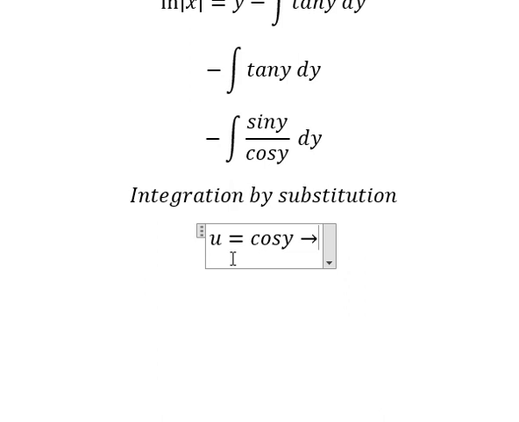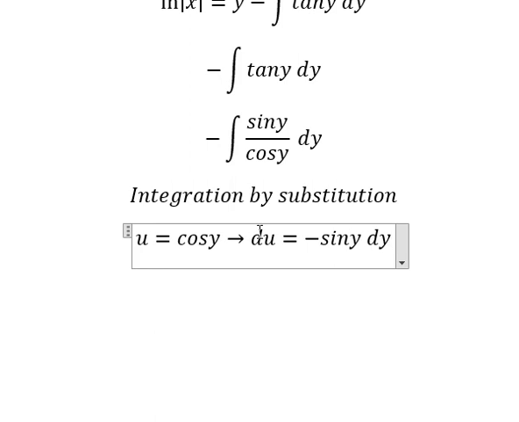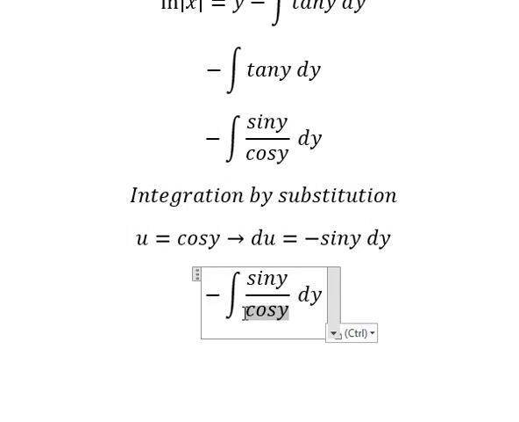Later, we need to first take the derivative of both sides, and we have negative sine y dy. So in this one, that is u. Negative sine y dy is du.